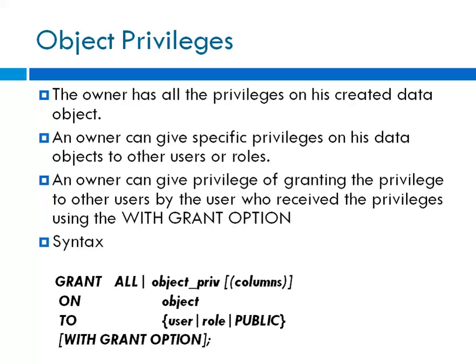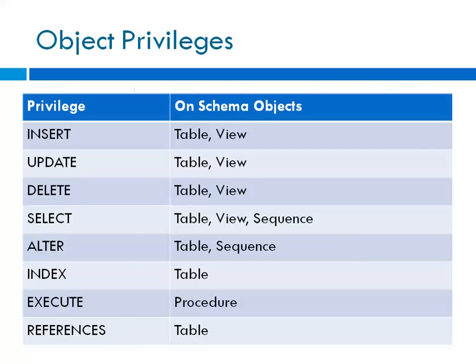So how are the object privileges assigned? The owner has all the privileges on his created data objects. So if a user creates some objects in his database, then he has all the privileges on his own created data objects. The privileges are insert, update, delete, select, alter, index, execute and references.